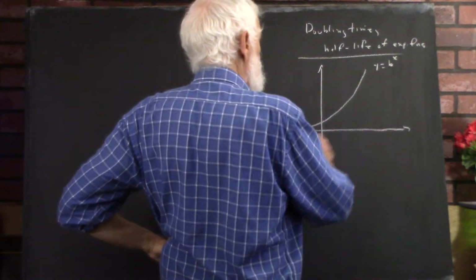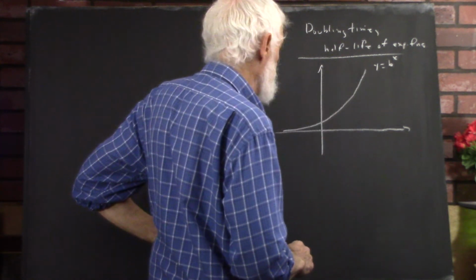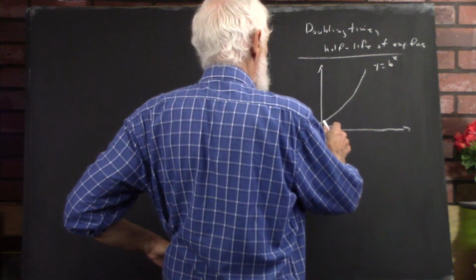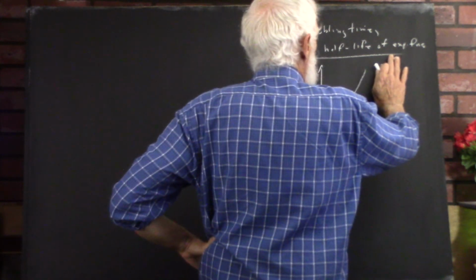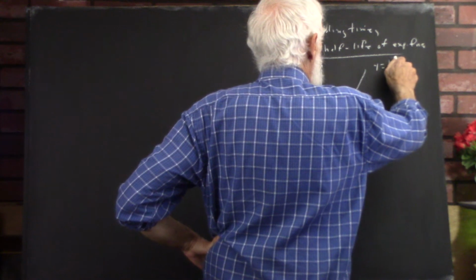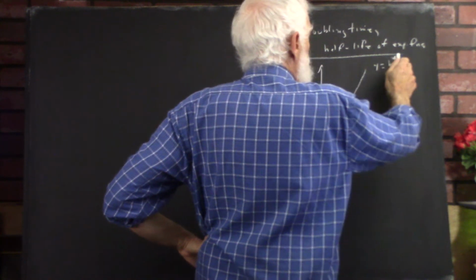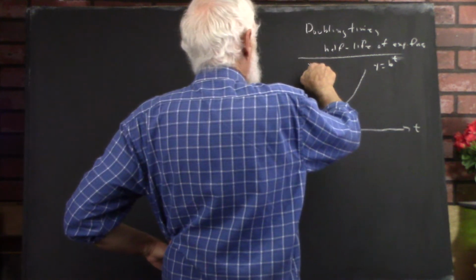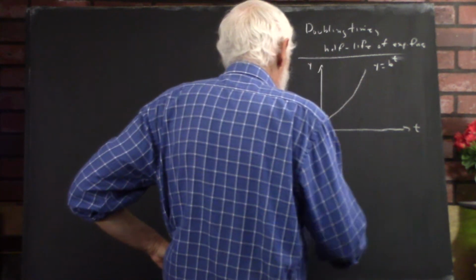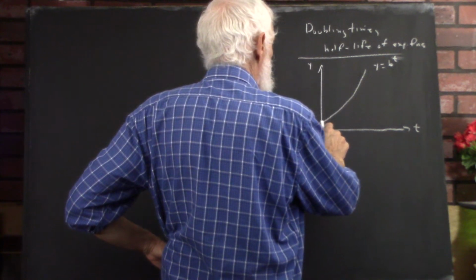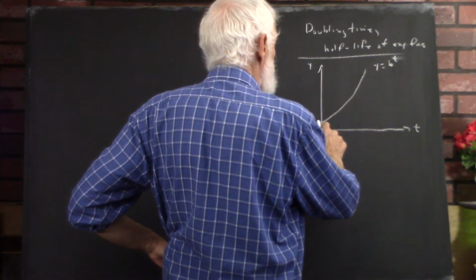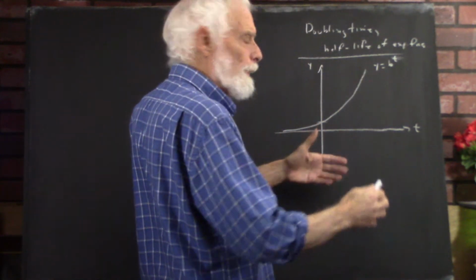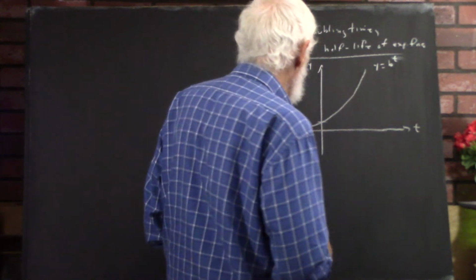Well, I can test whether I did a good job of sketching an exponential function here. And let's let the variable be t, since we're talking about time. Might as well make this a function of time. So here's t, and here's y. Okay, well, right here the value of the function is 1, or if it's a multiple of b to the x, ab to the x, that would be a. It doesn't matter.